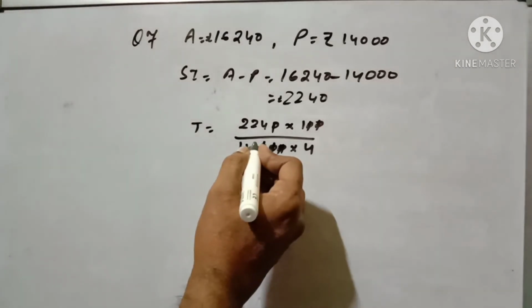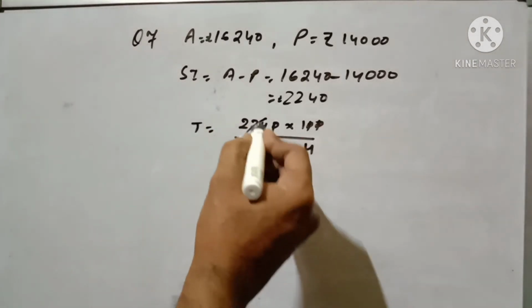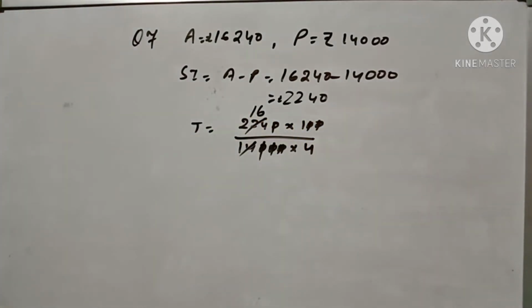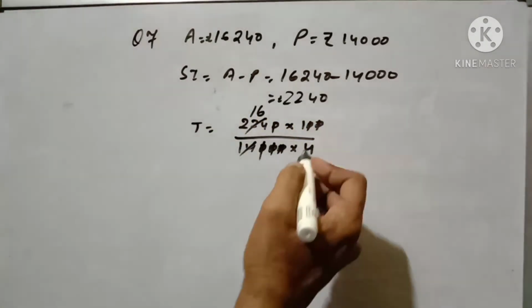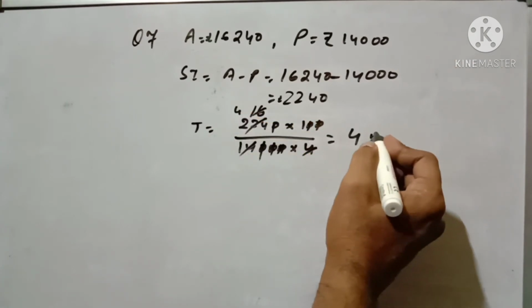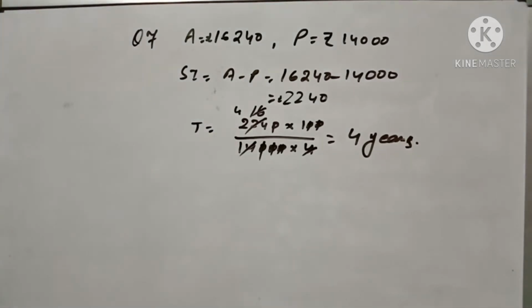So here it will go by 200, means 2240 means 224. It will be 16, and 4 4s are 16. So time will be 4 years. Write down please.